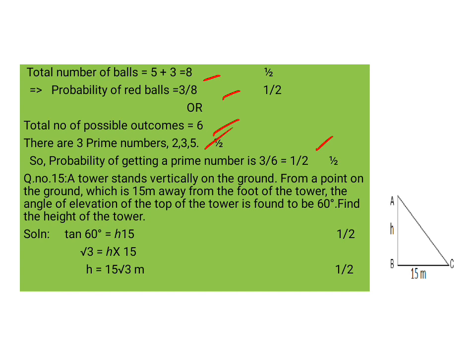Here, draw the diagram. Tan 60 degree is equal to h upon 15. Root 3 is equal to h upon 15. H is equal to 15 root 3.